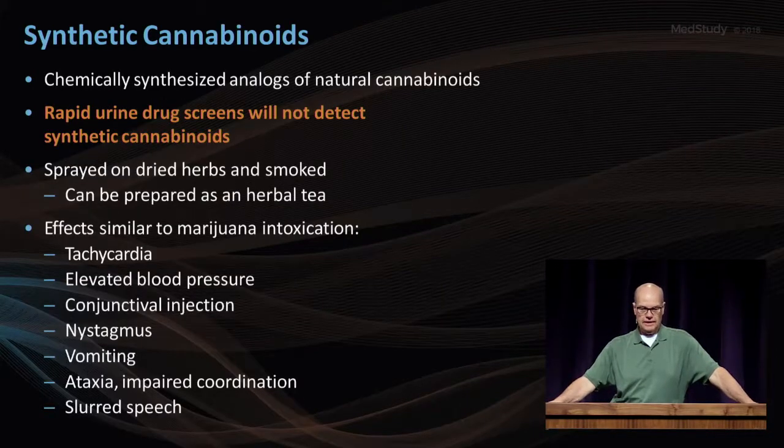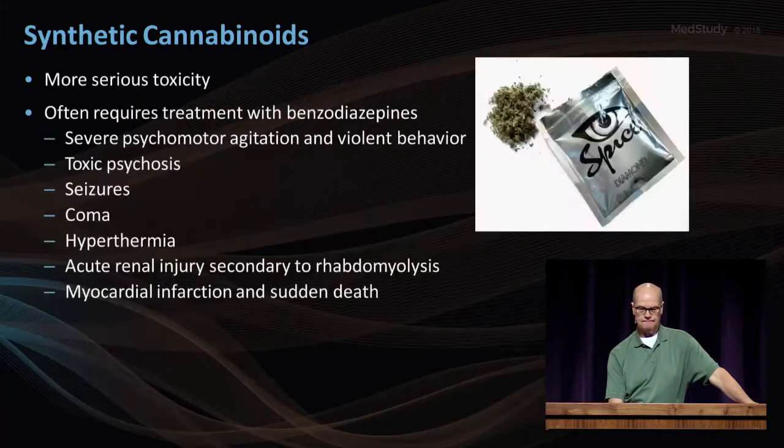Now, compared to the synthetic types, rapid urine drug screens will not detect synthetic cannabinoids. That's important. The effects are very similar to marijuana, with the exception of psychosis. And the psychosis can be very severe and very frightening, certainly to see.